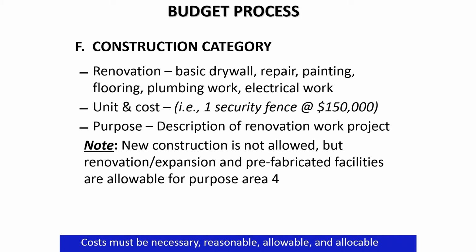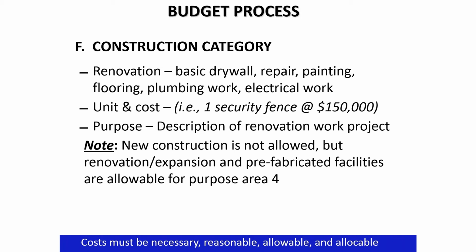So again, based on all of the items that are included, the unit cost of everything should be identified in that particular application or in this section. The purpose, again, describe the renovation of the work that needs to be done. So again, I said there are a few programs in the Office of Justice Programs that allow or did allow construction.